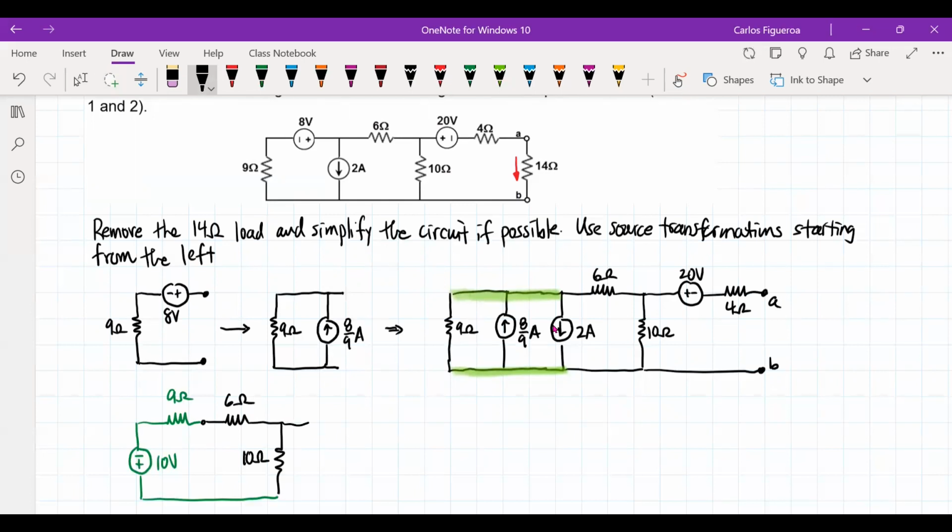Then I have my circuit, which has my 20 volt, my 4 ohm, and then here are my nodes A and B. If I continue to simplify the circuit, I now have a source like this and one resistor.